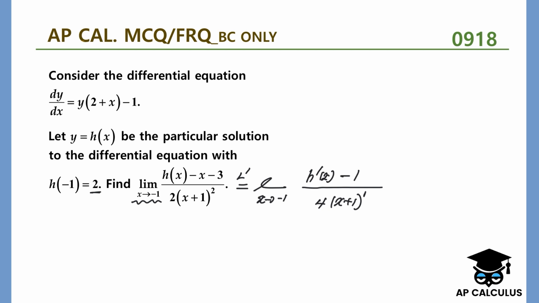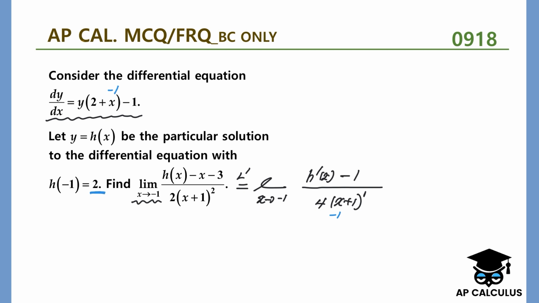Now we're going to substitute -1 for x again. Here, if we substitute -1, the denominator again is 0. What's h prime of -1? h prime of x is the derivative of function h, and it's given right here.